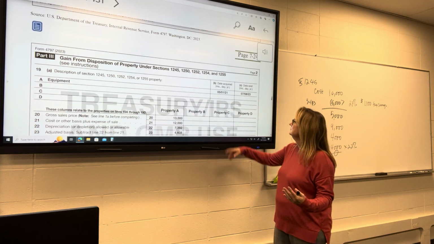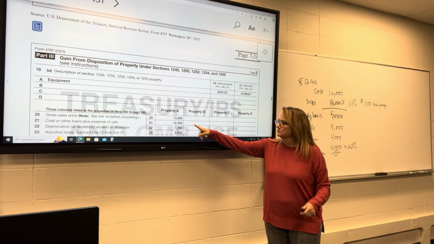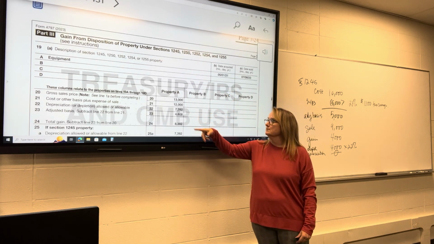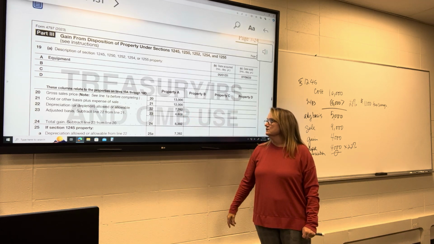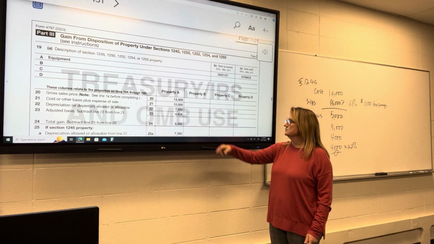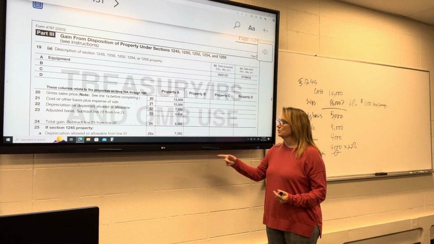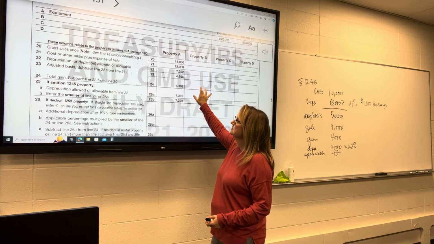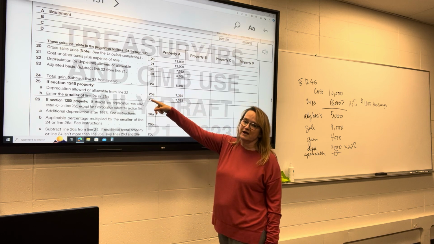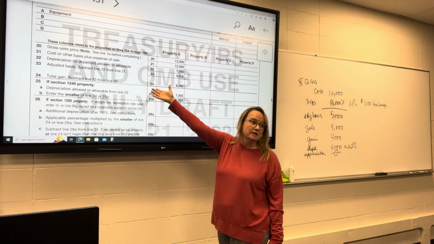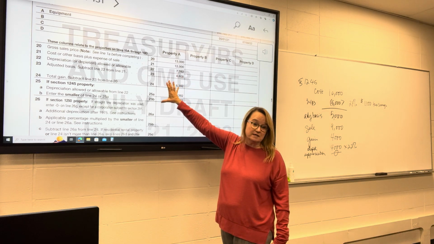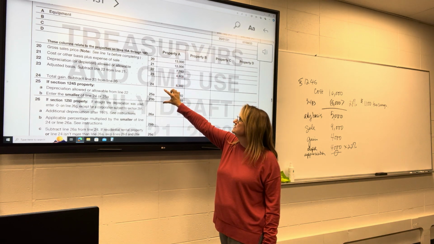So sold equipment for $13,000. Cost paid $12,000 for it, but took depreciation of $73.92. Adjusted basis 4608. Total gain, and they give you how to calculate that here, $83.92. If section 1245 property, it's equipment. If it was 1250 property it would go here as well. So if it was real estate, it would also go here, but you wouldn't fill these lines out.